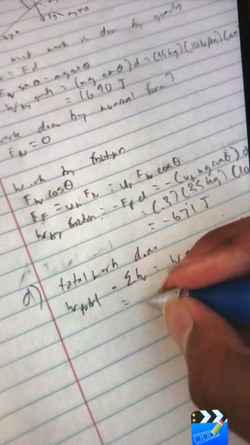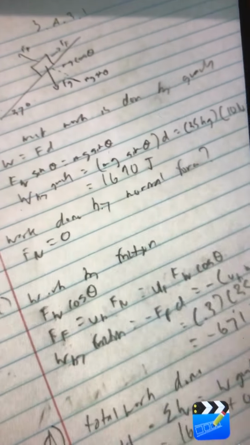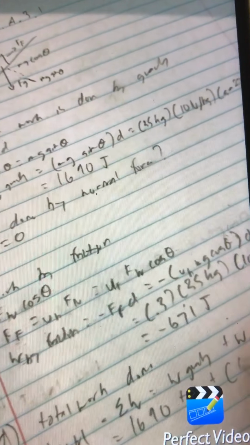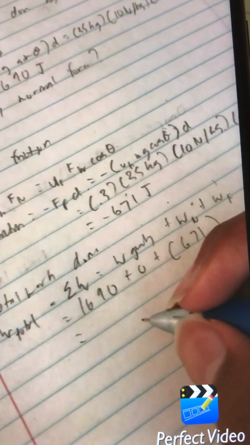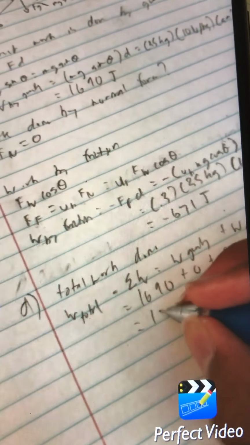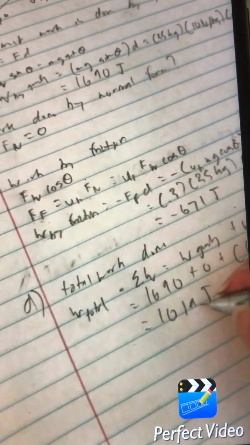By adding these, we had 1690 plus 0 from the normal force, and negative 671 from friction. Totaling that up, that will be 1019 joules. There you go.